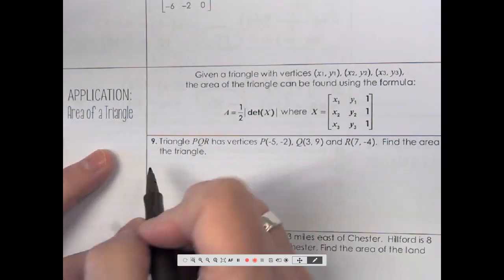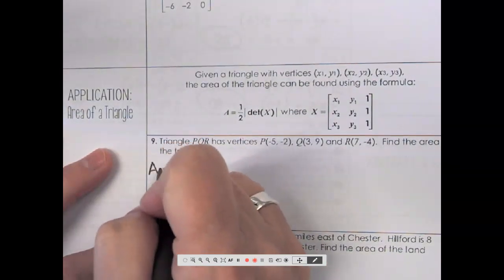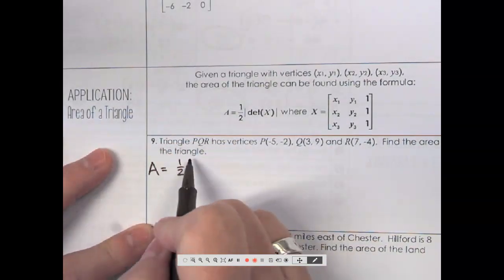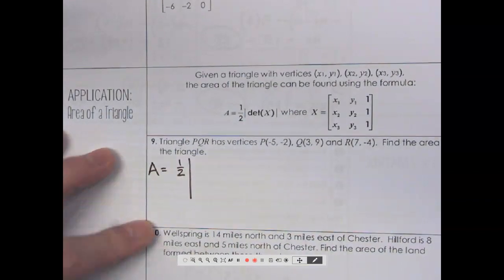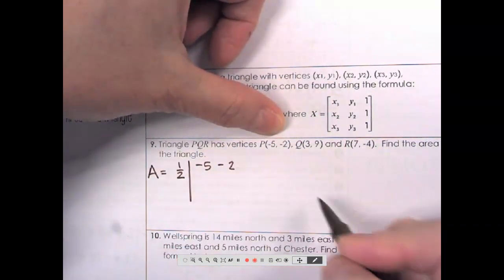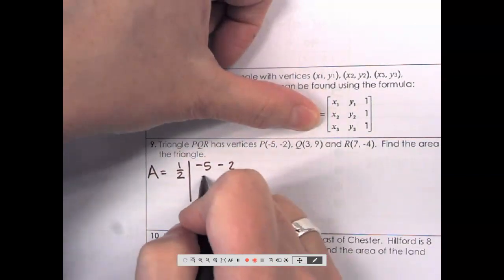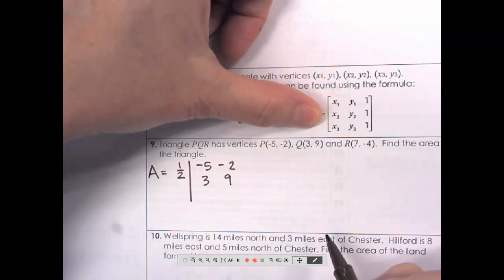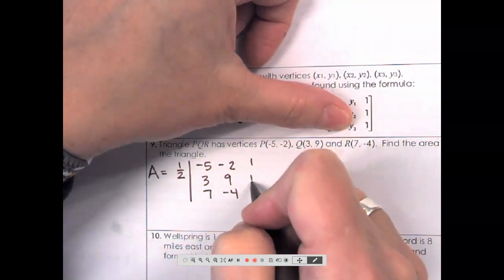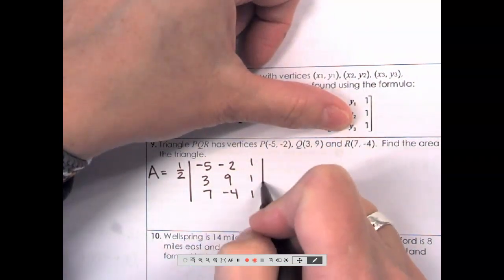So let's find the area of this one. The area will be 1/2, which I'm going to worry about in a little bit. The determinant, first ordered pair is -5, -2. Second one is 3, 9. Third one is 7, -4. Then that third column is all ones.